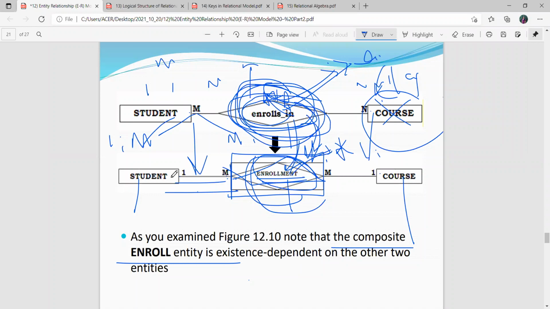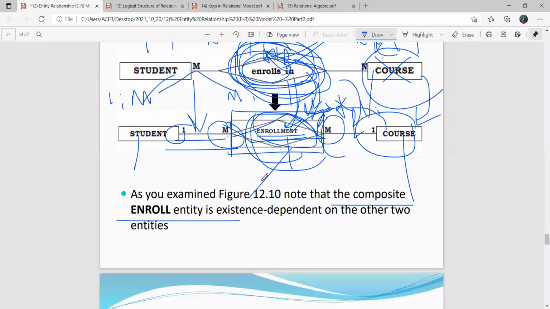When we consider the relationship between enrollment and student, one student can enroll in many courses. And one course has many enrollments. Likewise, we can reduce this M to N relationship into one to many relationships.